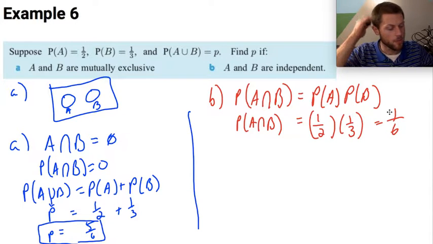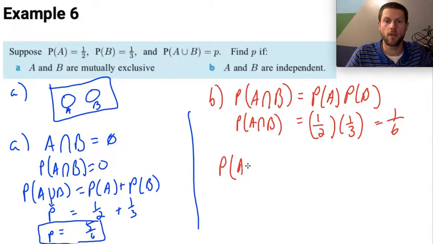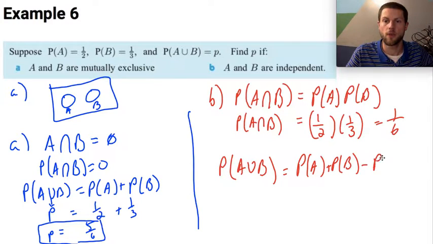And this is helpful to me because I can use the probability addition law. I could say that the probability of A united with B is going to equal the probability of A plus the probability of B minus the probability of the intersection of A and B. Now that I know all three of these things, this is my P from the given prompt, and that's going to equal 1/2 plus 1/3 minus 1/6.